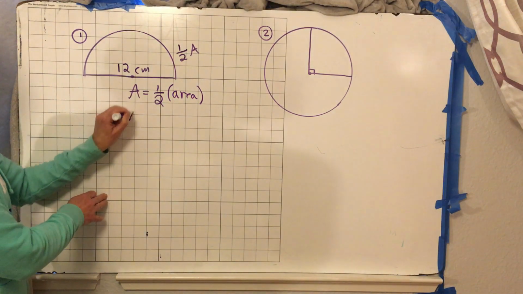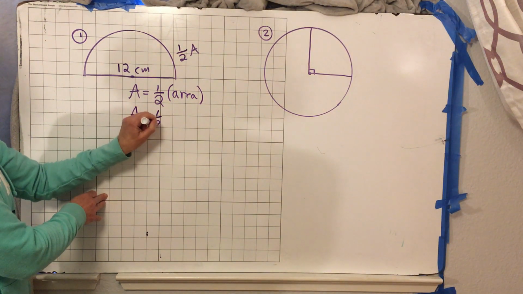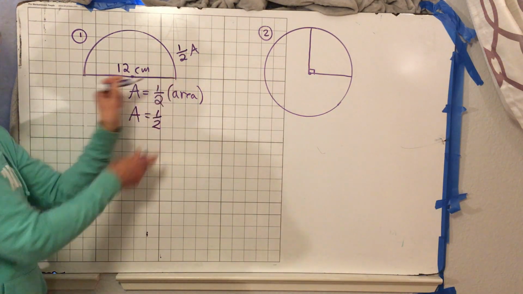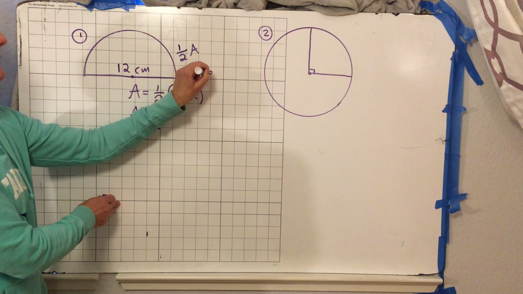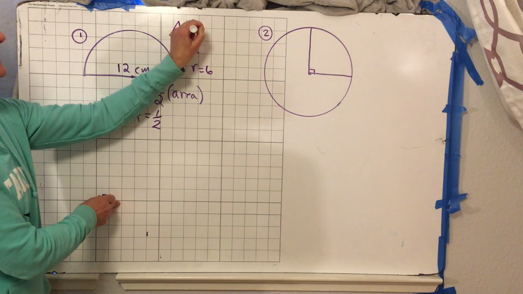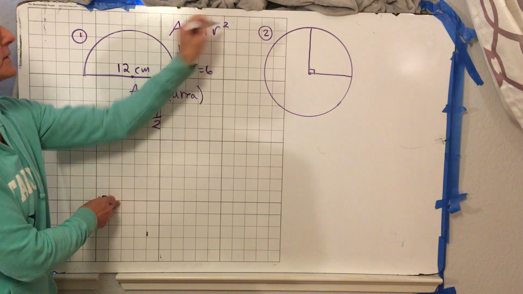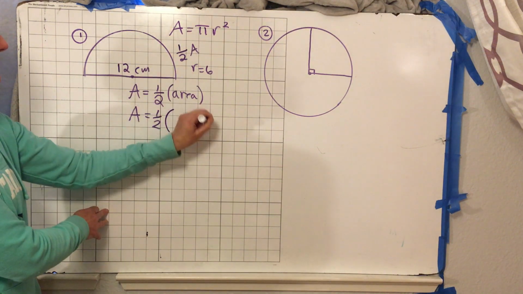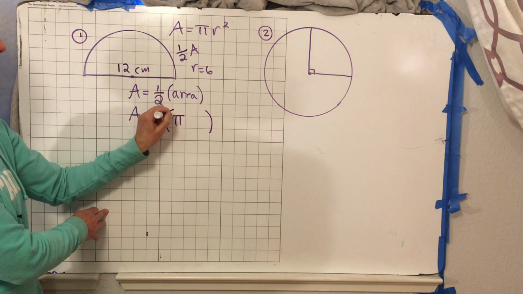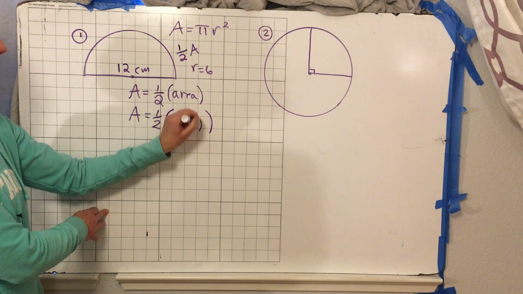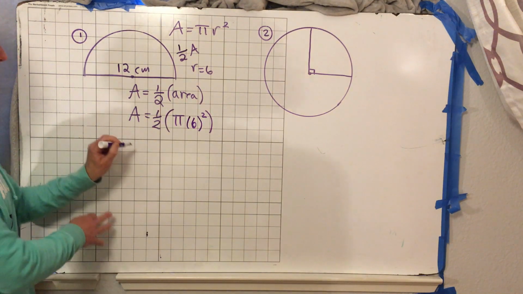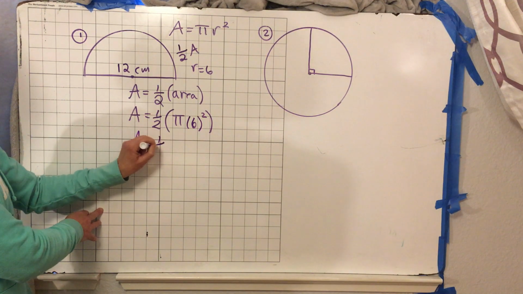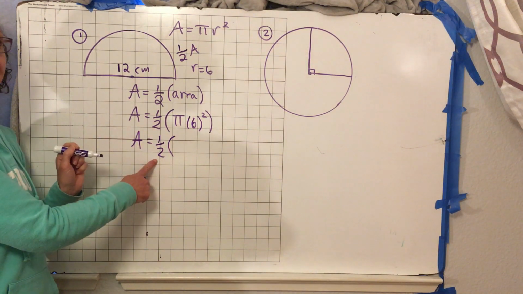So in order to find the area of a circle, you need the radius, okay? So if the diameter is 12, the radius is 6. And remember the formula for that is pi r squared. So the area of the entire circle is pi times r, which is 6, squared. So this is 1/2, because we're finding half of the circle.